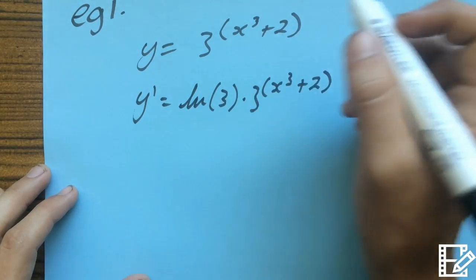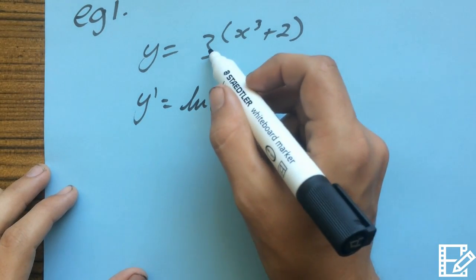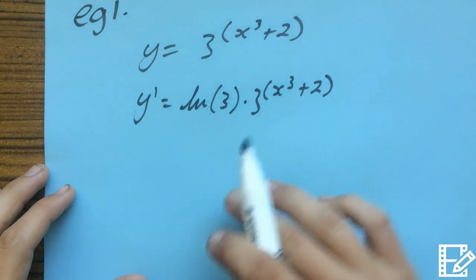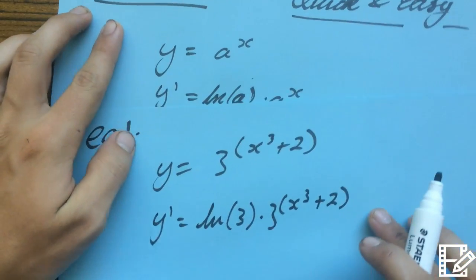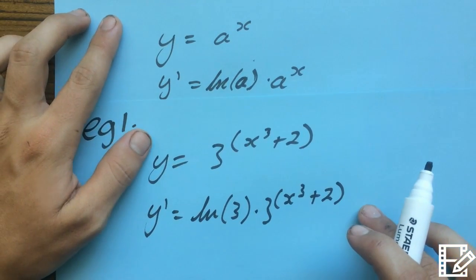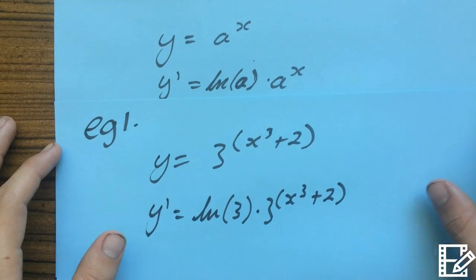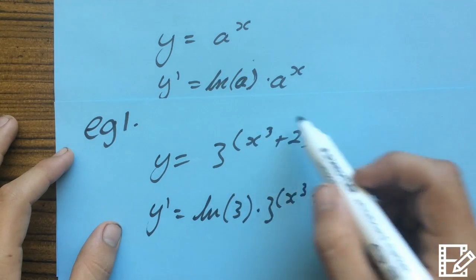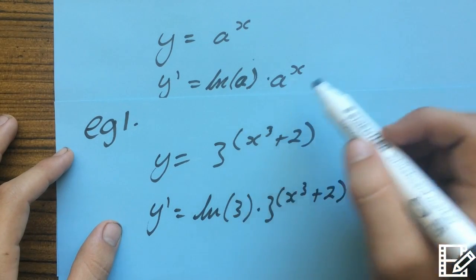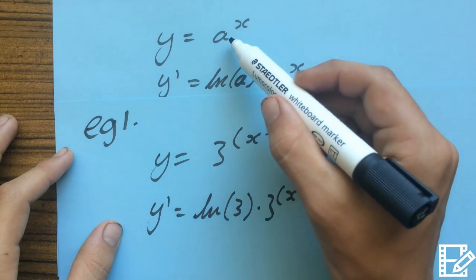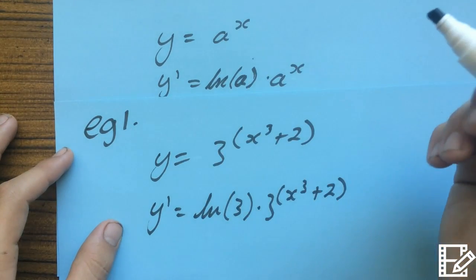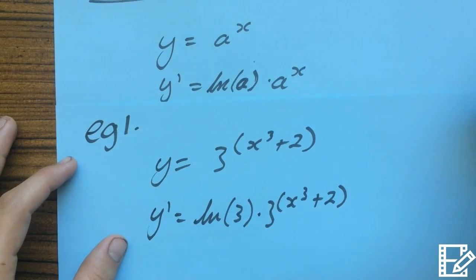How did I get this? This is just deriving the outside, 3 to the power of that. When you have a number to the power of a function or the power of x, you treat it as a to the x, because they're the same.